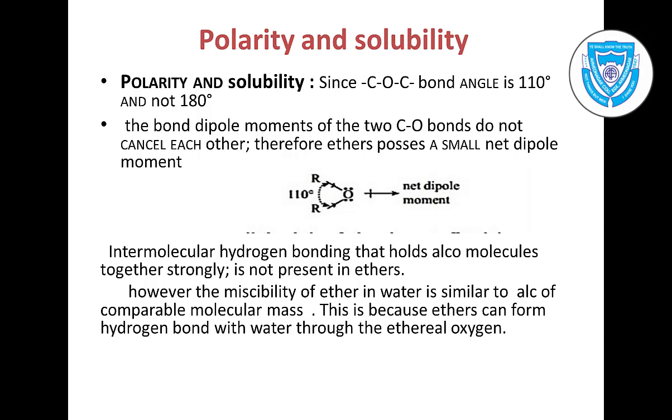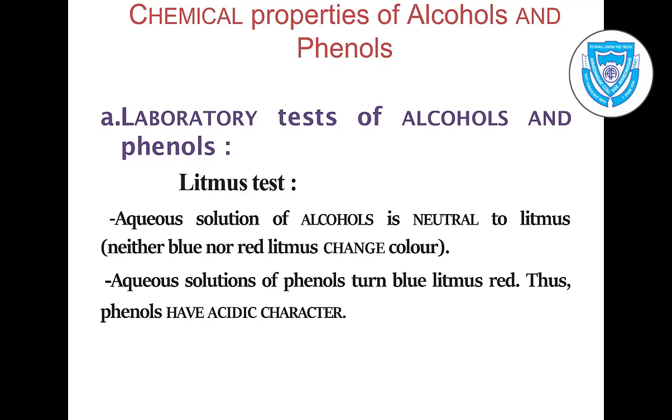Now we will be starting with the next point, that is the chemical properties of alcohols and phenols. In the chemical properties of alcohols and phenols, the first thing we are going to study in today's session is the laboratory tests of alcohols and phenols. The first test which alcohols and phenols give is the litmus test.